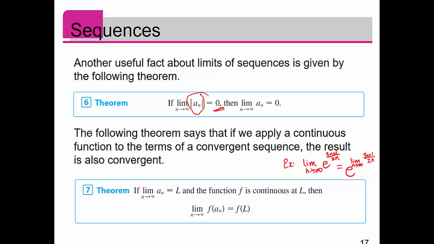This is e raised to the limit as n goes to infinity of (3 plus 1 over n) over 2. I divided the top and bottom by n, and because of that, this limit must be e to the (3 plus 0) over 2, so e to the 3 halves. So that continuous function limit property we use all the time.